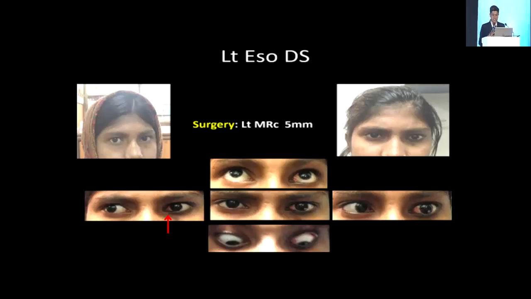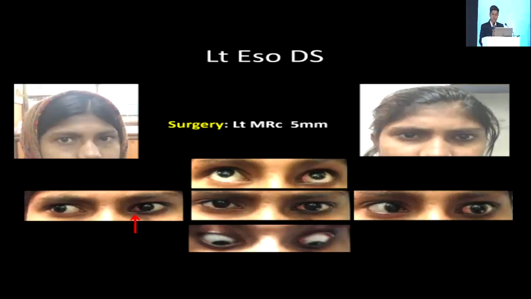So in this child, we did the involved eye, a small amount of medial rectus recession, with good primary gaze alignment, but you can see that there is an adduction deficit. In a comitant squint, had you done 5 mm of medial rectus recession, you wouldn't have seen any adduction deficit. But in a Duane's, you are very likely to see it.